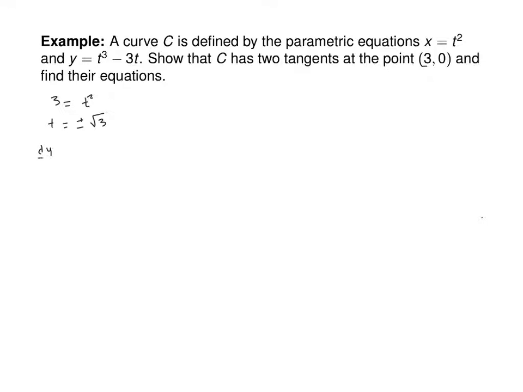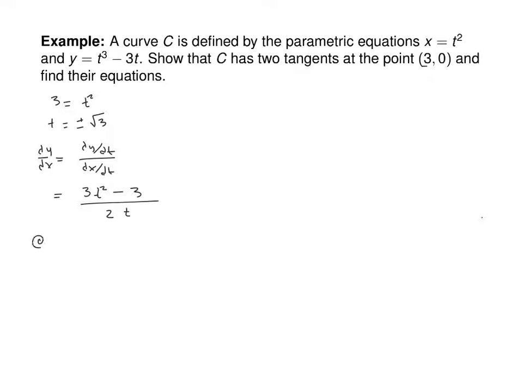So dy/dx is dy/dt over dx/dt. So dy/dt is 3t squared minus 3, and dx/dt is 2t.